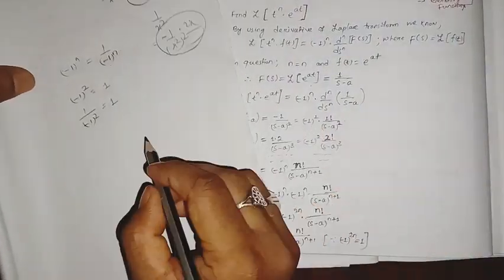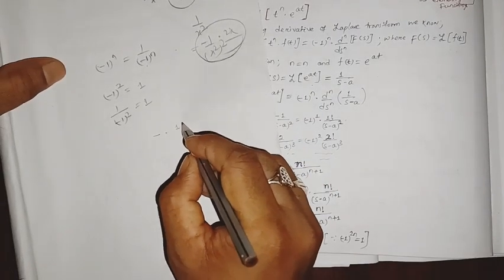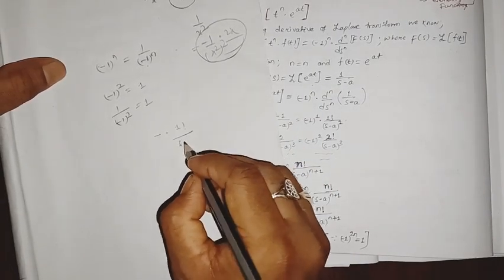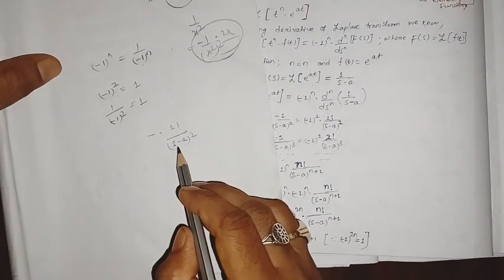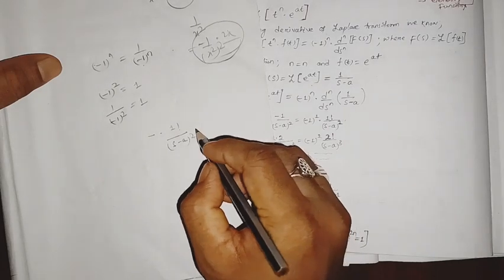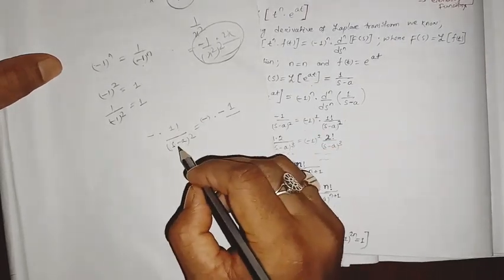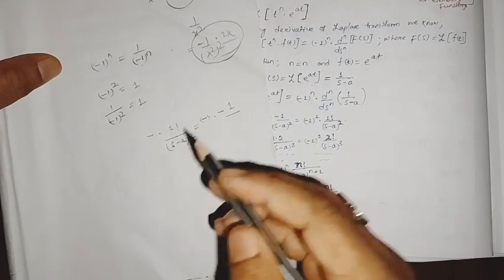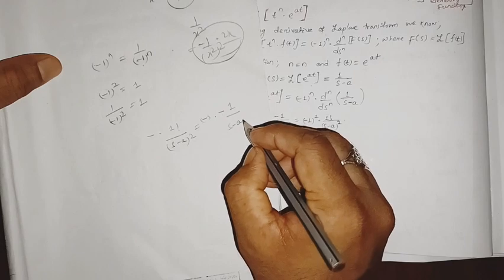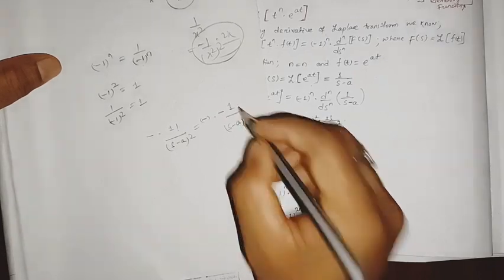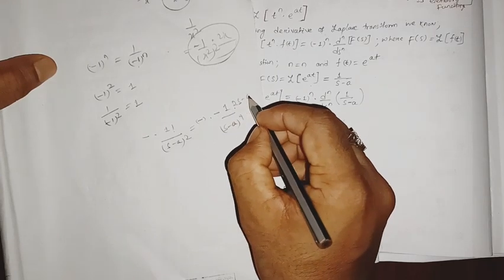This is minus 1 into 1 factorial divided by s minus a squared. The derivative with respect to s again gives minus of 1 by s minus a squared, again squared, that means s minus a to the power 4, into the derivative of s minus a squared, which is 2 into s minus a.